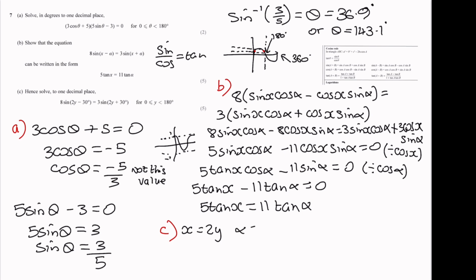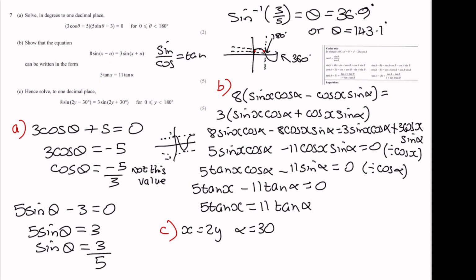And you can see they've done exactly the same thing with the second part. They've got 3 sine of x, which is still 2y, plus alpha, which is 30. So we know we need to just replace x with 2y and alpha with 30. And it says hence solve, so we're going to use what we've just found in part B.